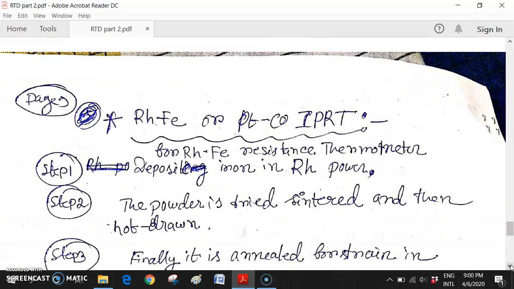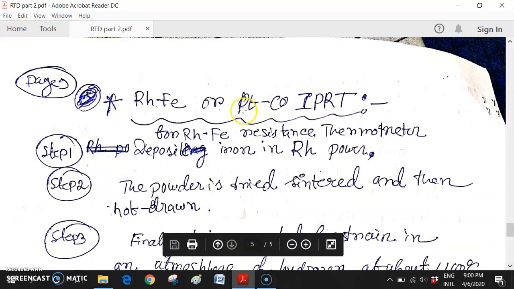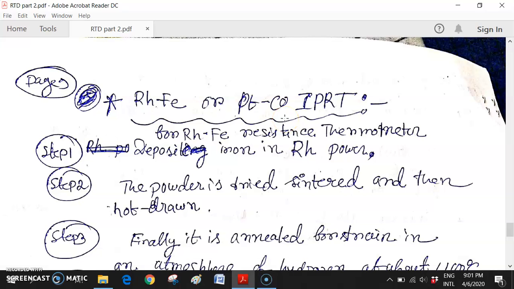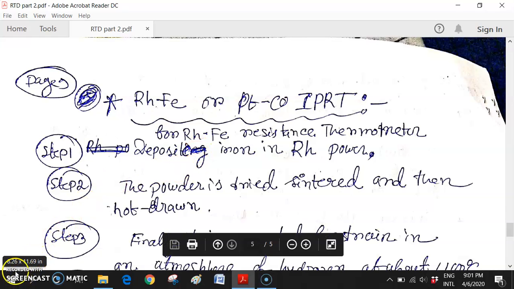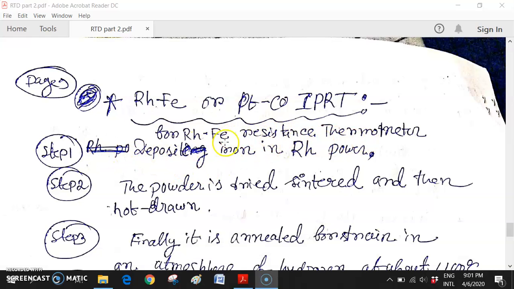Another one is RhFe or PtCo. These are the two variations of the formerly used resistance thermometer. For the RhFe type resistance thermometer, what is the process of making it?